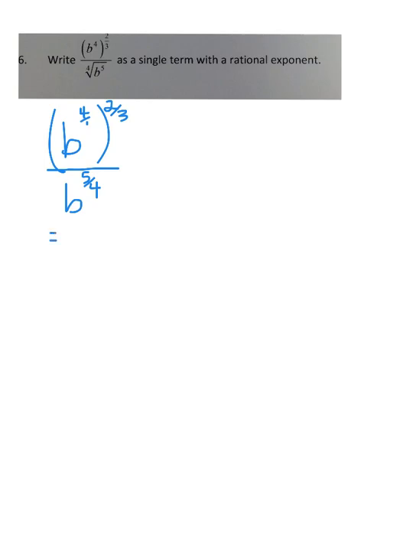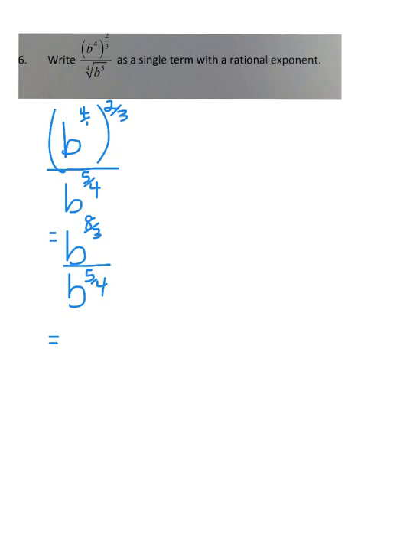So that's going to give me b to the 8/3 over b to the 5/4. Okay, so just like in number 5, now what I have is I have division with the same base. So remember, we're going to subtract the exponents. So I'm going to do 8/3 minus 5/4.